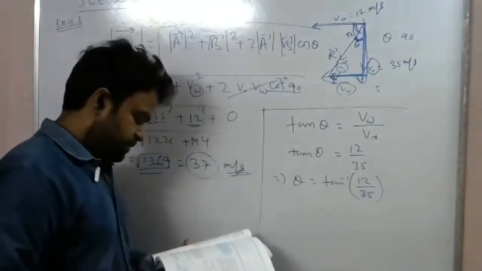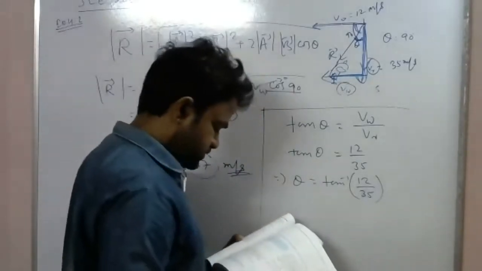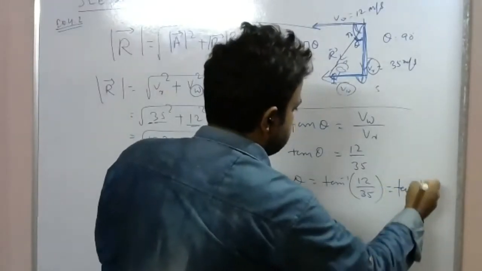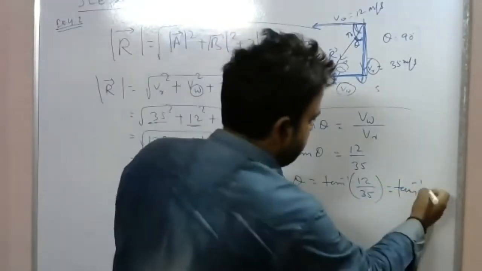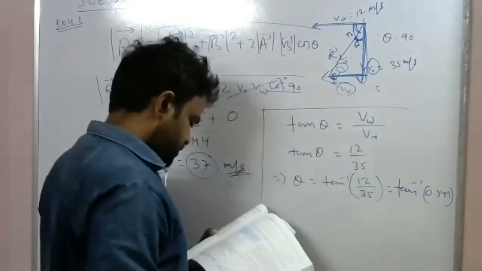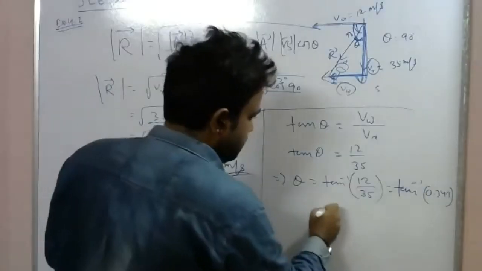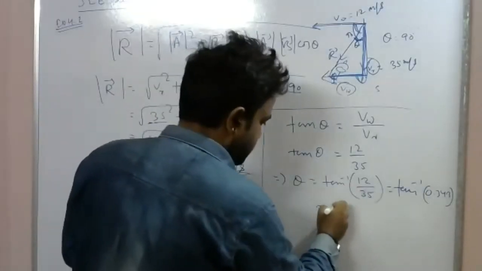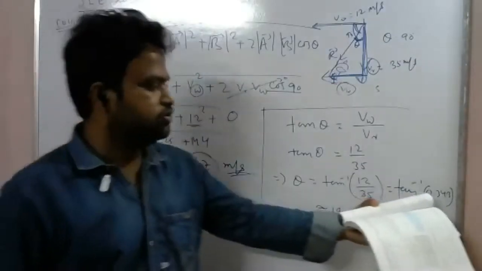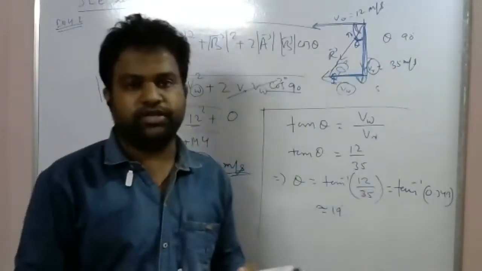Tan inverse 12 by 35 will come approximately 0.343, and that is approximately 19 degrees.